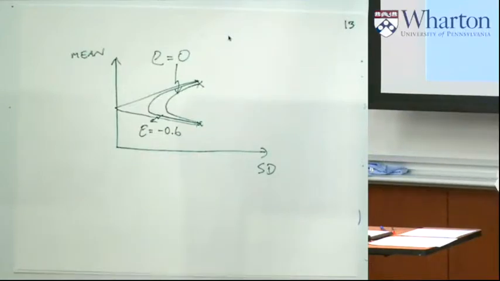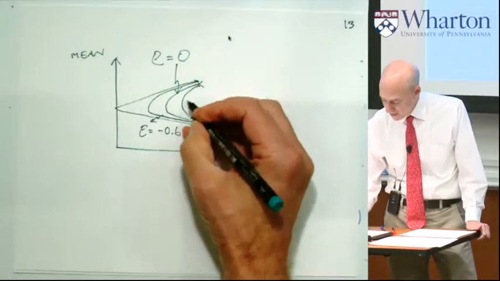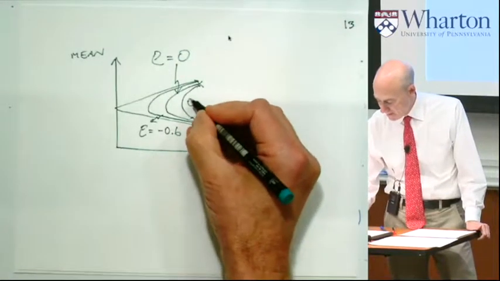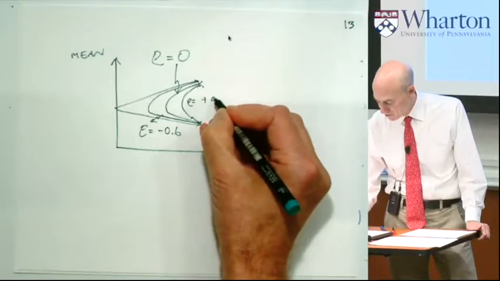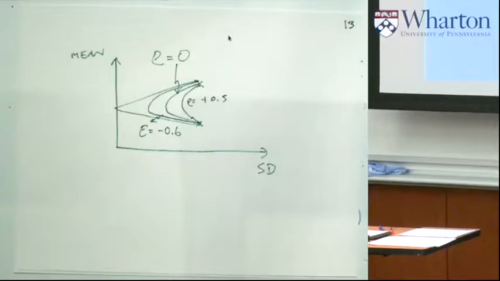What about plus 0.5 correlation? What would that be? Yeah, be farther away from the axis. So it would be something like this. Rho equals plus 1 would be what?